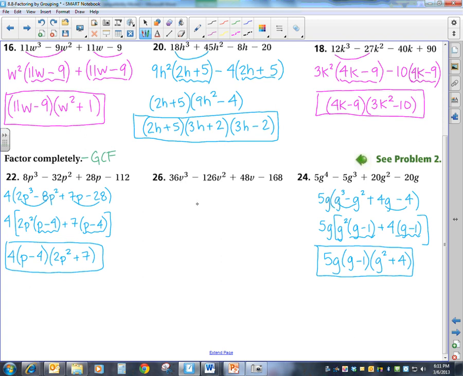We're going to go with 6, and we'll see how that works. Sometimes you have to start over again if you don't get the largest one. So we'll take out a 6. That leaves us with 6v cubed minus 21v squared plus 8v minus 28.